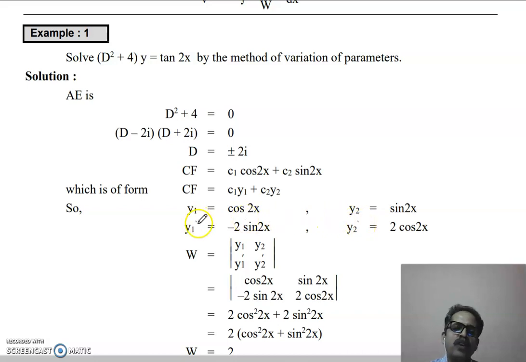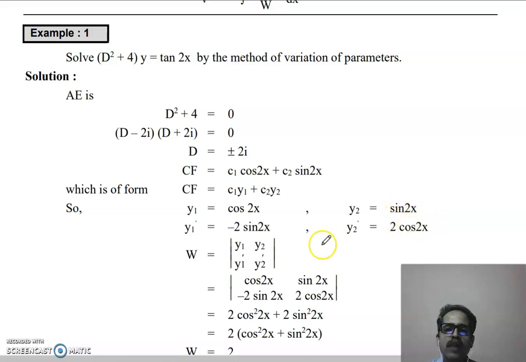What is y1 dash? y1 dash is the derivative of y1. Because y1 is cos 2x, y1 dash becomes minus 2 sin 2x, because the derivative of cos 2x is minus 2 sin 2x. y2 is sin 2x, so y2 dash is 2 cos 2x, because the derivative of sin 2x is 2 cos 2x.